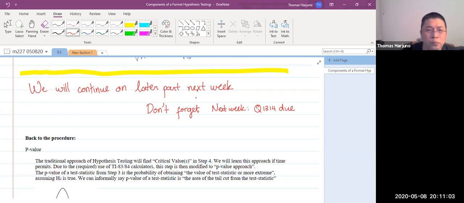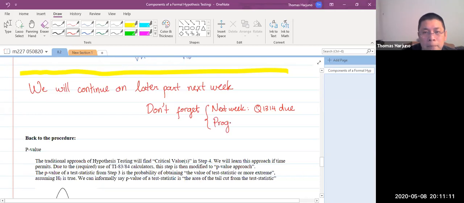Anyway, don't forget next week you have quiz 13-14 and also to program the chi-square distribution inverse on your calculator.